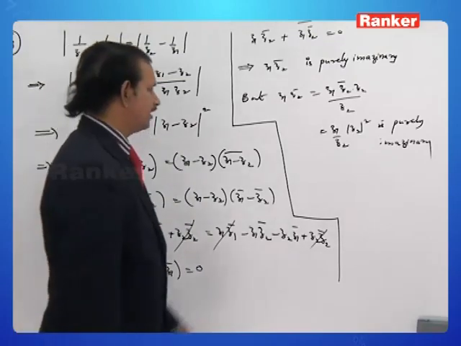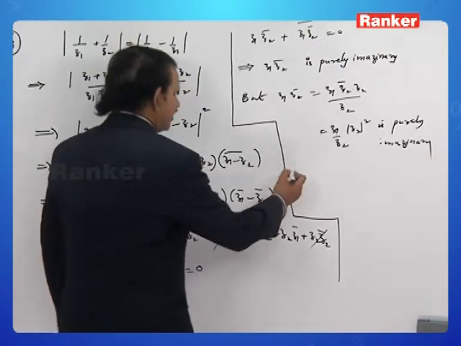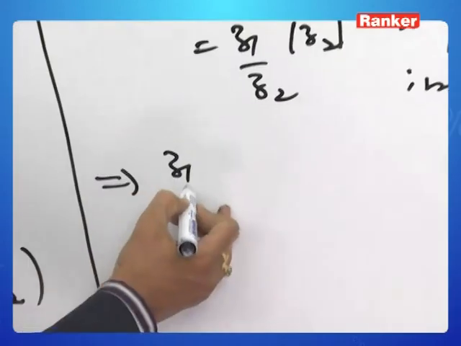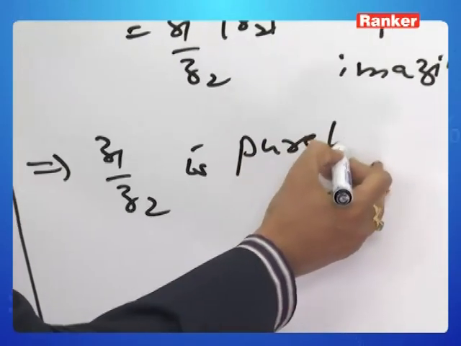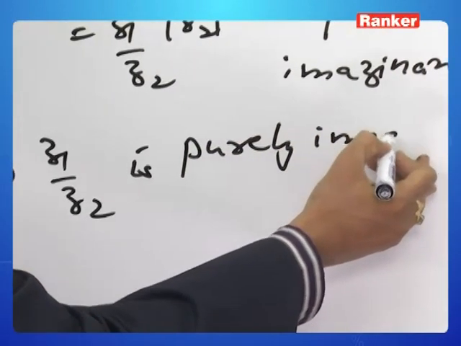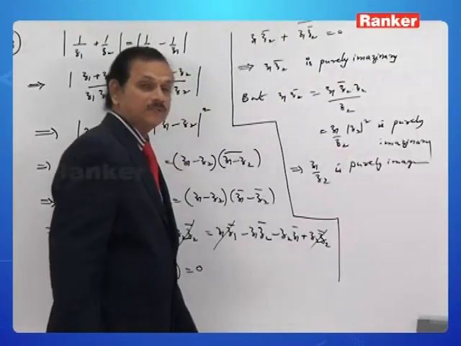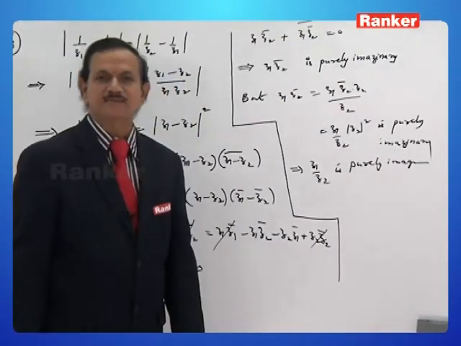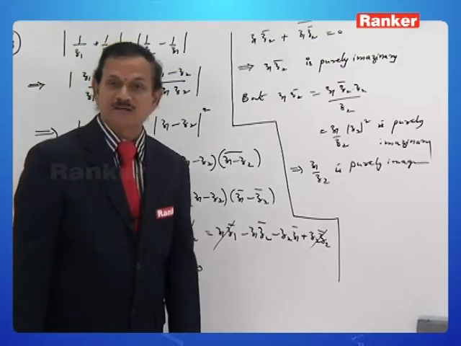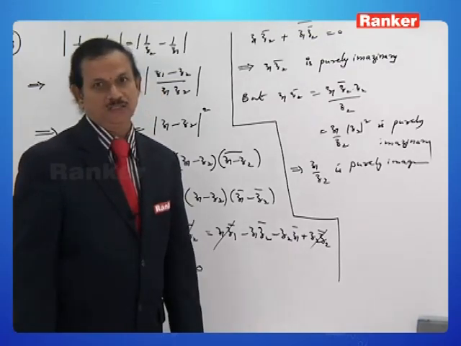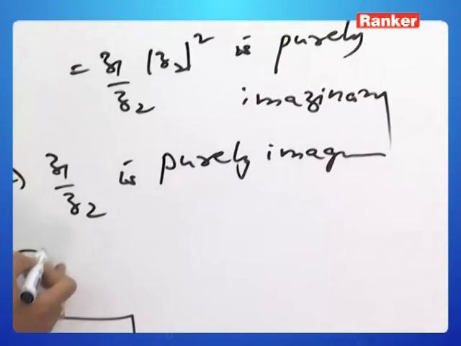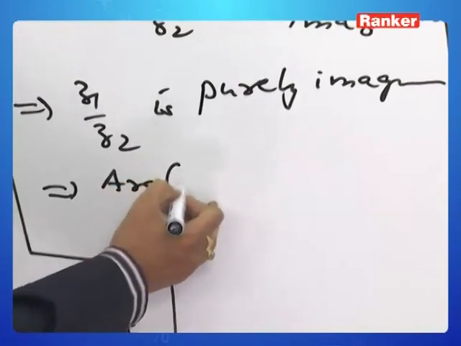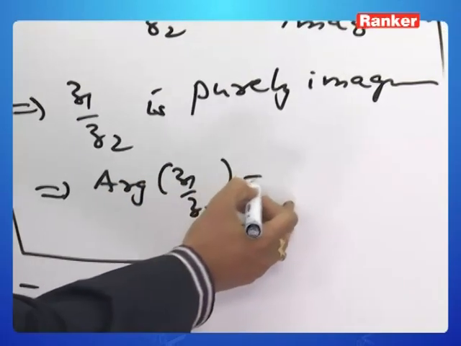We can ignore that, so that you can say that Z1 by Z2 is purely imaginary. Z1 by Z2 is imaginary means argument of Z1 by Z2 is 90 degrees, that is pi by 2 rather.